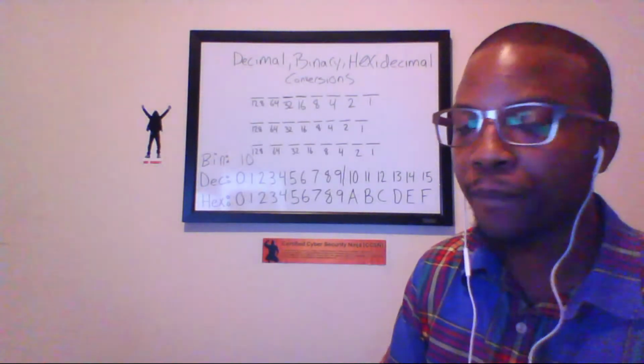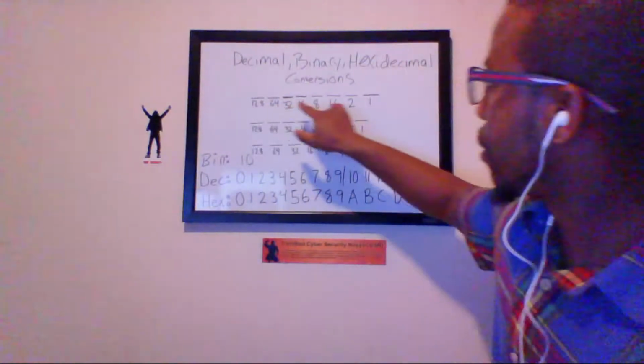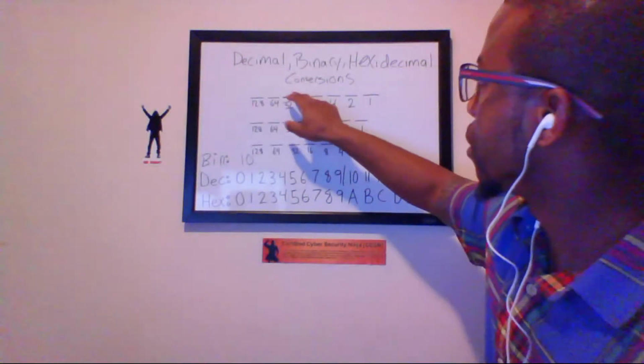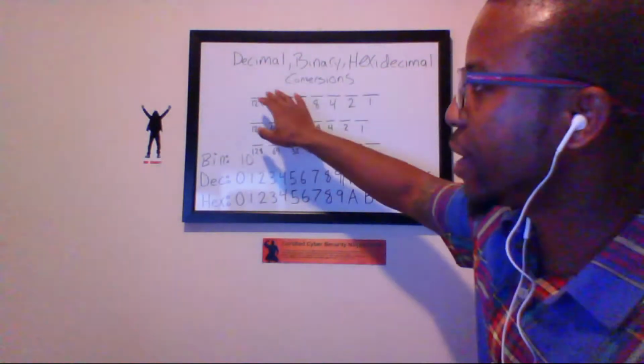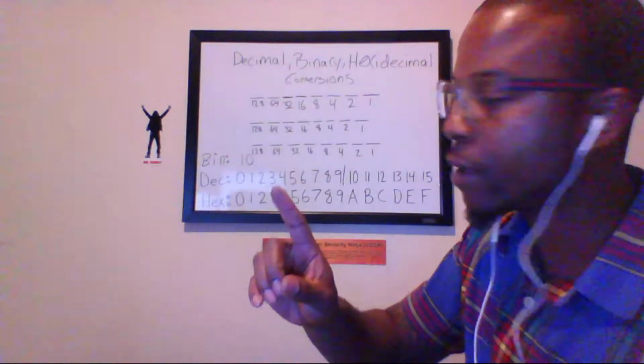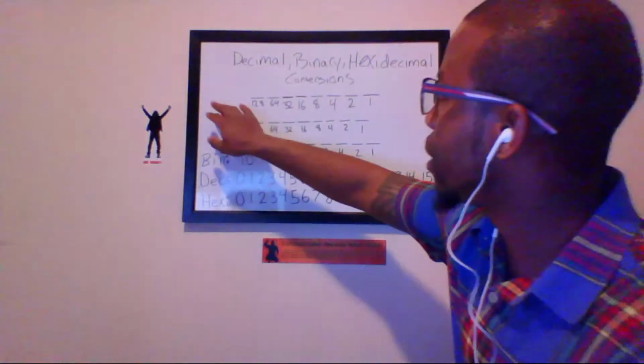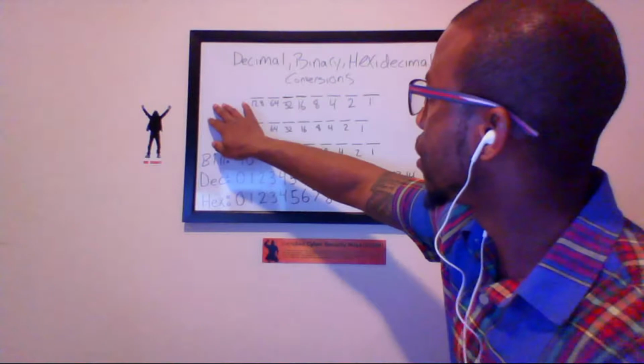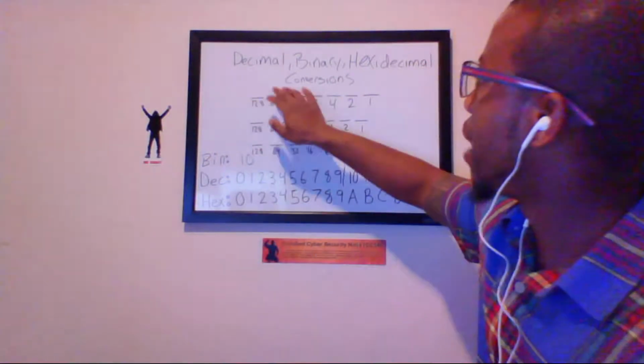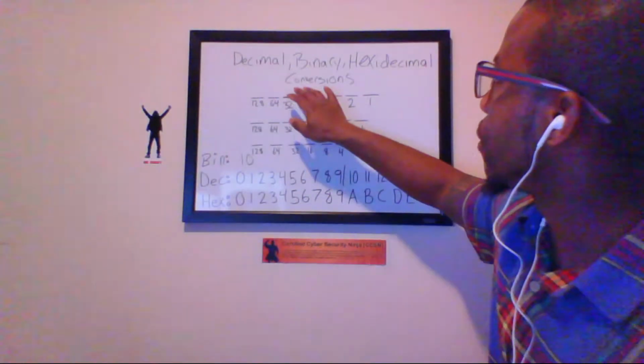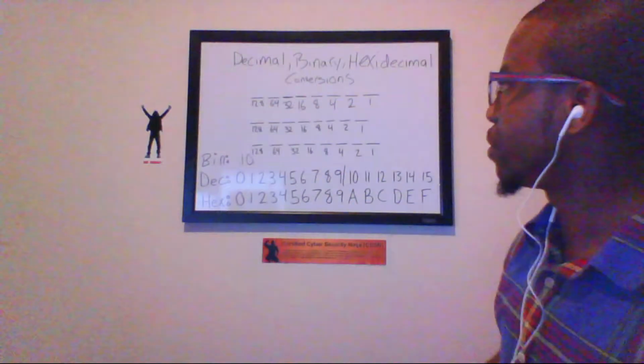Now, what I have here is 8 values, or 8 bits, which represents 1 byte, that we're going to be converting from a decimal number into binary, and then from binary, we're going to convert that number into hexadecimal.